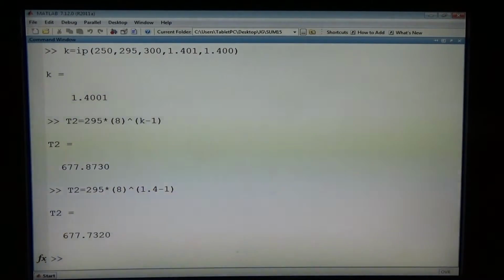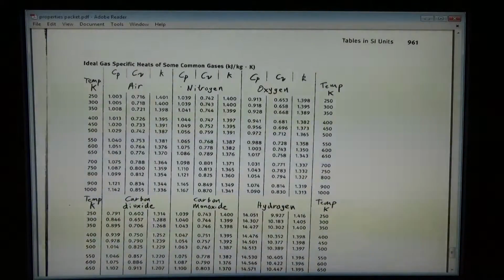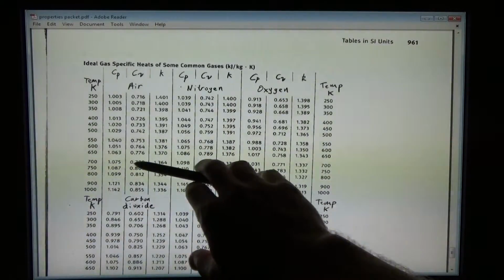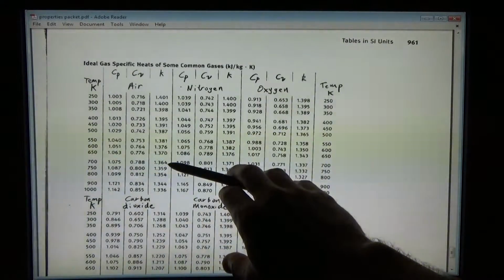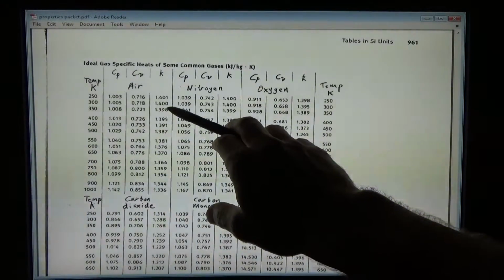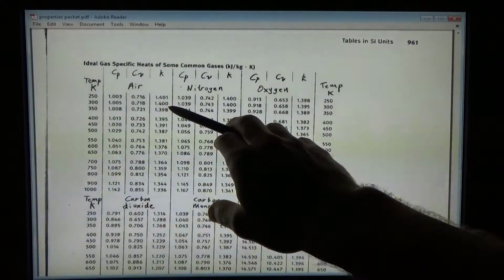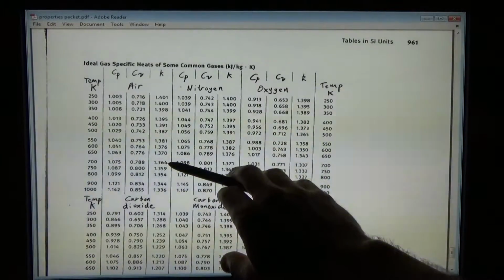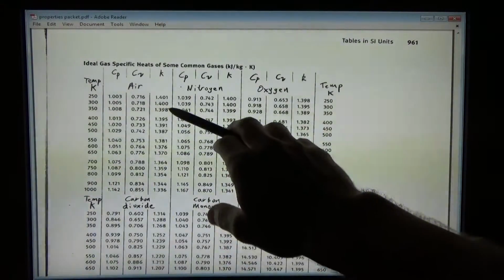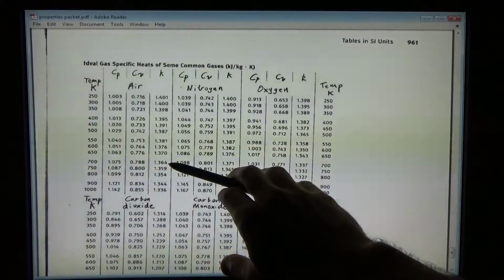In some instances, if we had actually known what T2 was, and known that T2 was almost 700, we could see that the k is 1.36, and our original k that we used was 1.4. So the actual value of k that we should have been using was probably somewhere like 1.38.